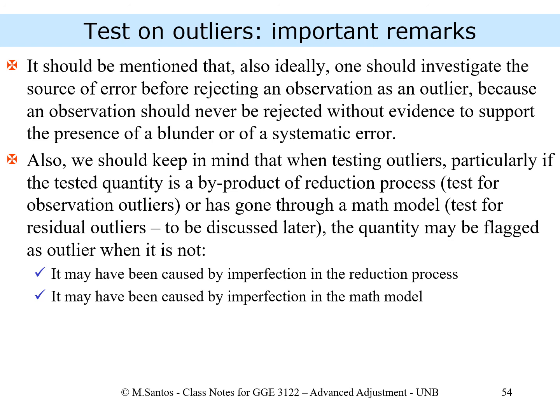And we also know that there are effects like systematic effects and blunders. So the idea is we should have an explanation for every single outlier. We should have evidence that would support the presence of a blunder or a systematic error, if that's the case.